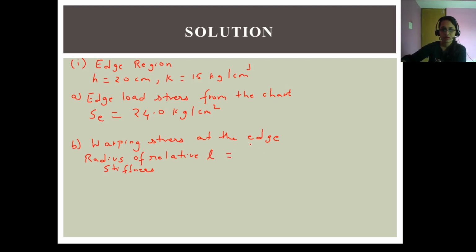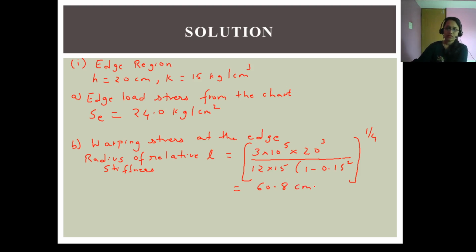Let us substitute all the values: 3 into 10 raised to 5 into 20 cube, upon 12 into 15 into 1 minus 0.15 square, all raised to 1 upon 4. This works out to be 60.8 centimeters.